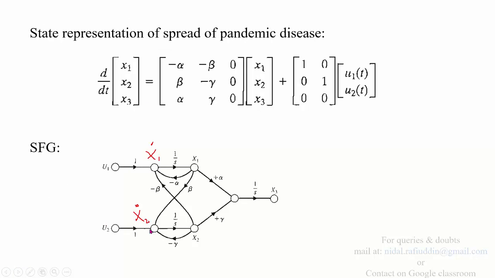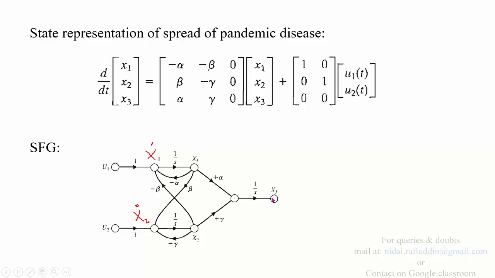You can draw the SFG, and we see that there is a dependency of the rate of change of x1 on input u1, on x1 with a minus alpha, and on x2 with a minus beta. Likewise, the rate of change of the people who are infected depends upon u2, the infected people brought from outside. Then it is proportional to x1, and then again to the amount of people who are infected presently, x2.